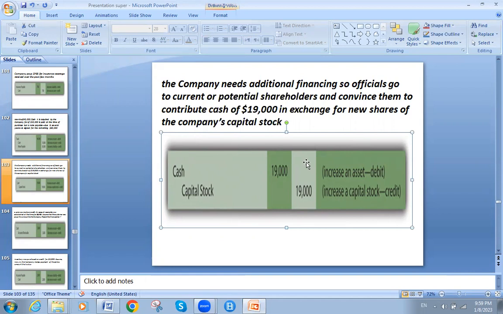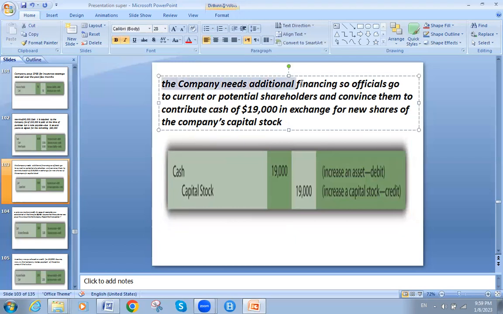So we need more cash. We will ask the shareholders for more investments, and we'll say from cash into capital. The company needs additional financing, so officials go to current potential shareholders and convince them to contribute cash. So the shareholders here will pay cash 19,000 in exchange for new shares of the capital stock.